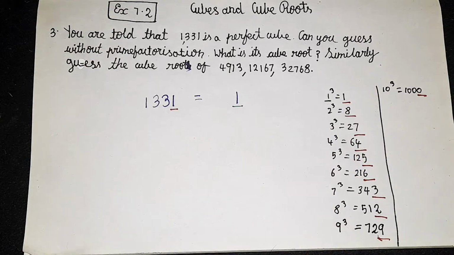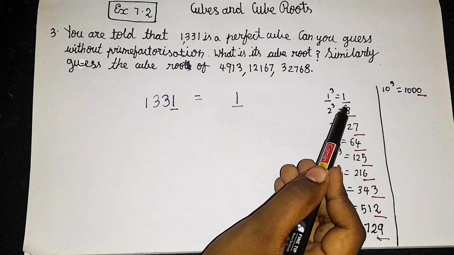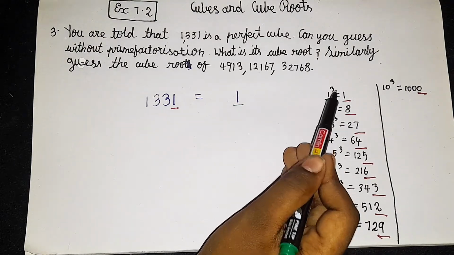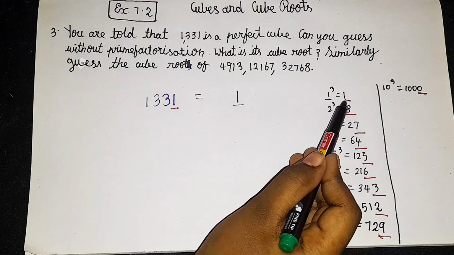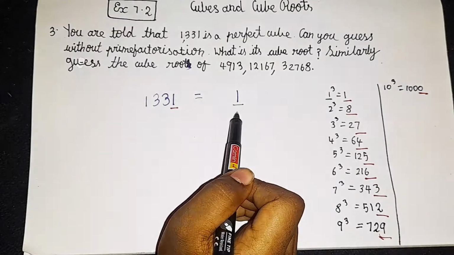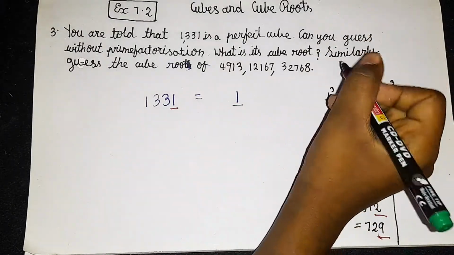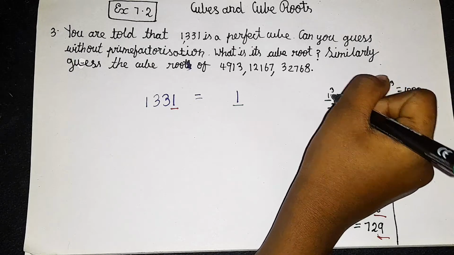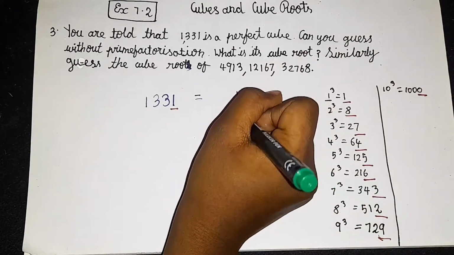So in the cube answers, we should check which one's end digit is 1. This one's end digit is 1. So we should write this one's question: 1 cube is equal to 1, so the answer is 1. We should write the one which has the cube symbol, so I am writing this one here.